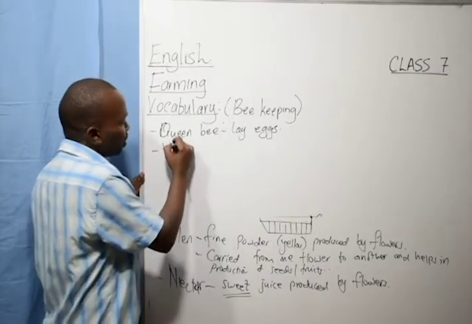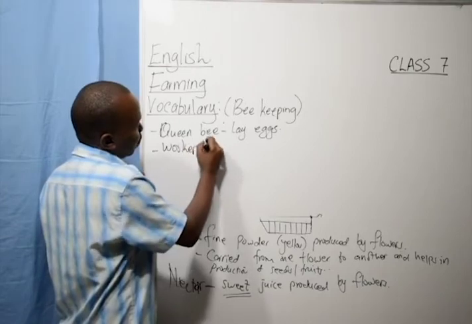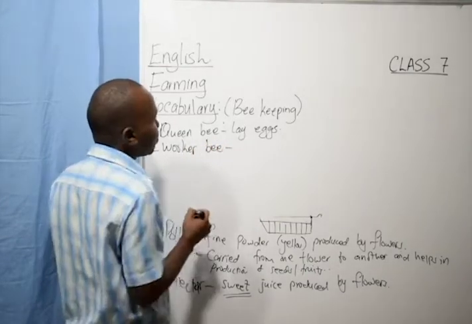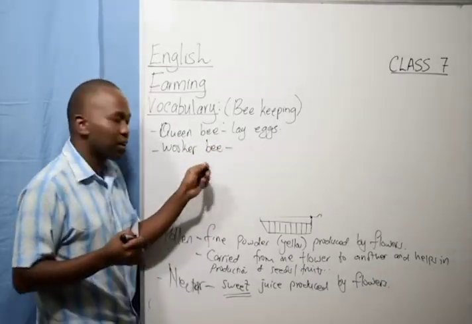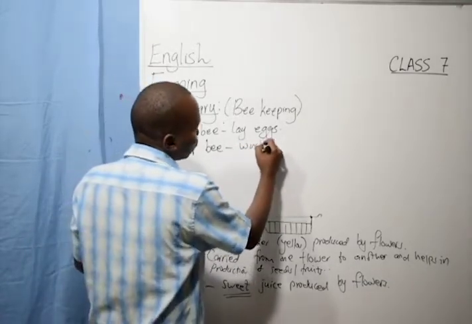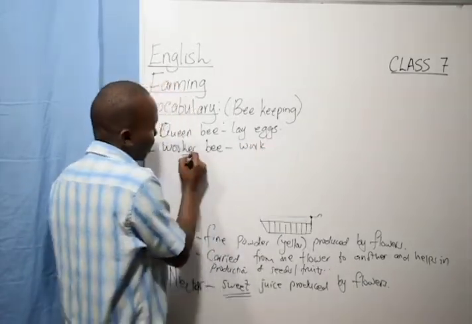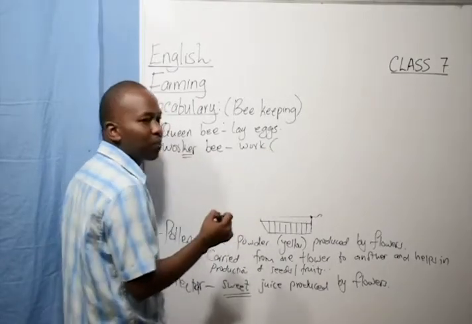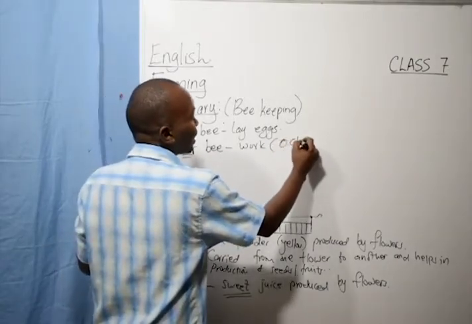We have what you call the worker bee. The worker bee's main purpose is to do the work in the hive. As the name says, it's a worker bee. So which work does it do? One is to clean the hive.